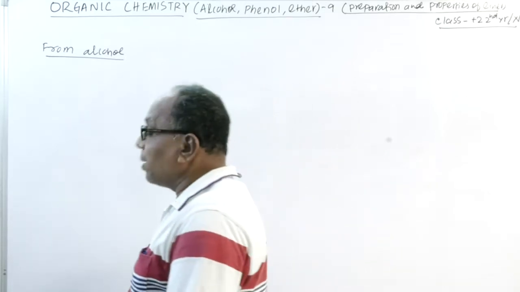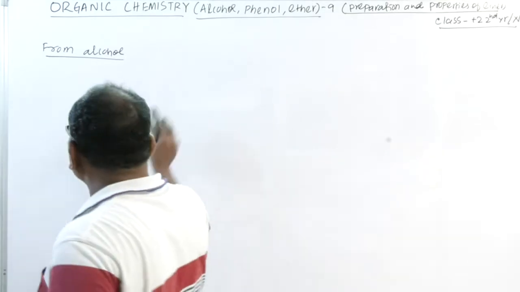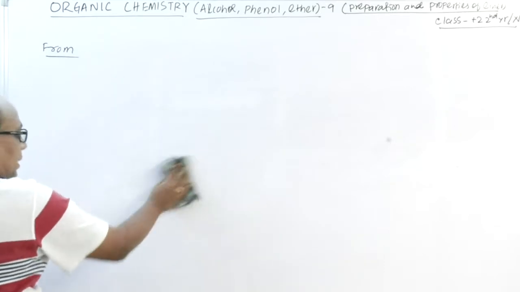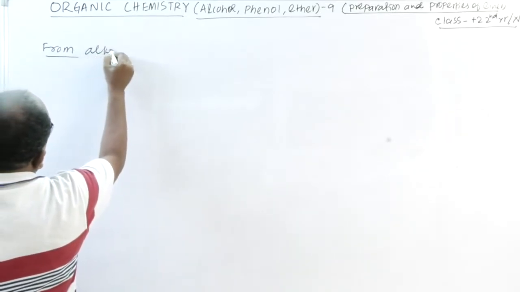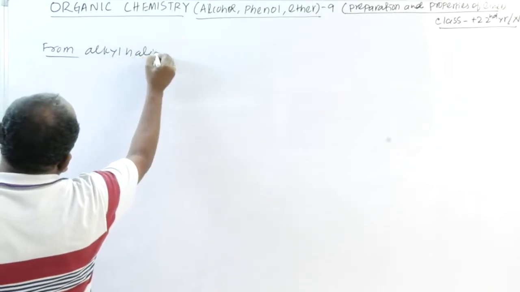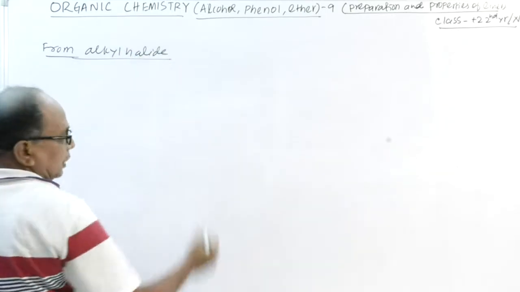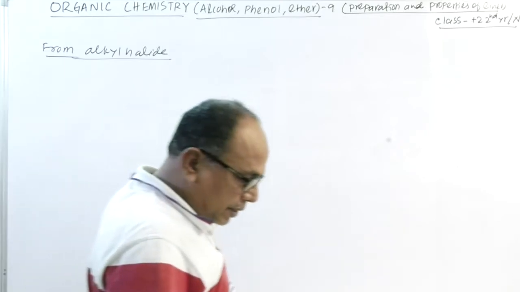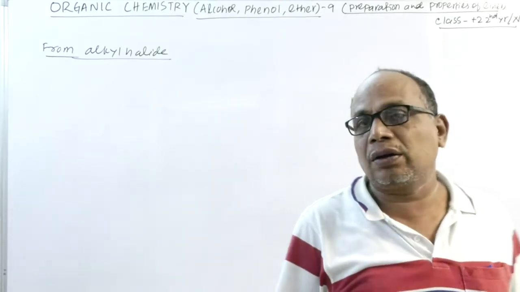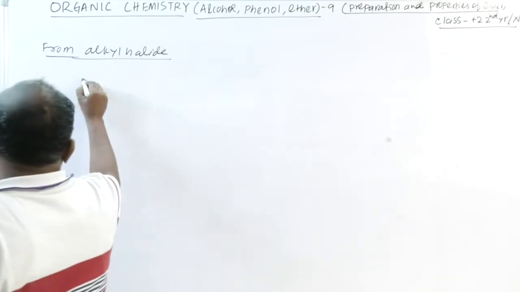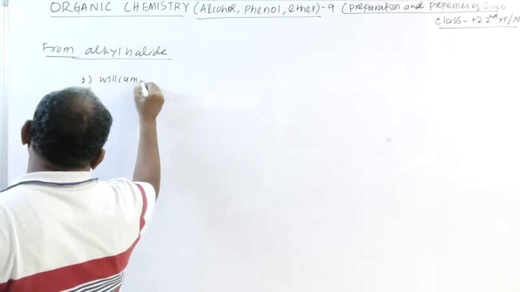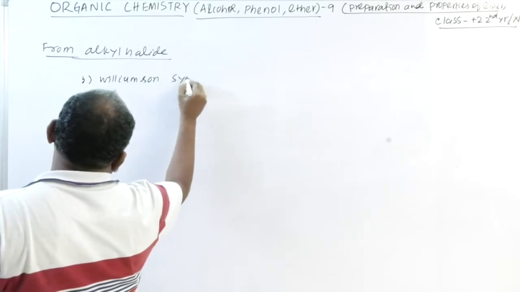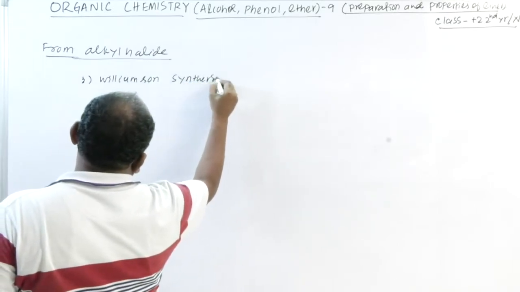Next, come to from alkyl halide. From alkyl halide we can prepare the ether by two methods. One is called Williamson synthesis.